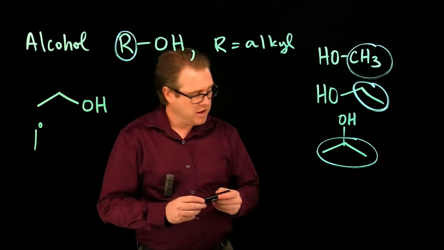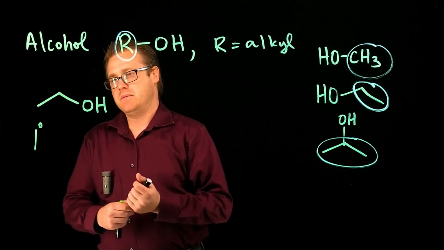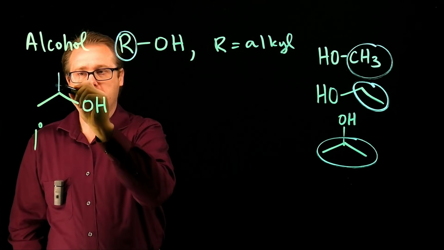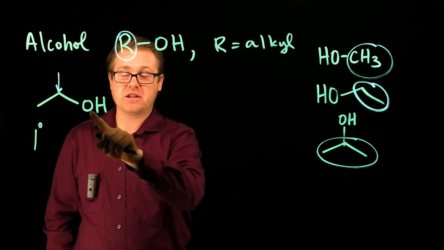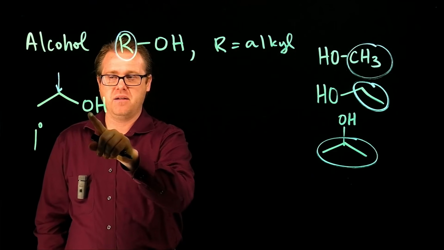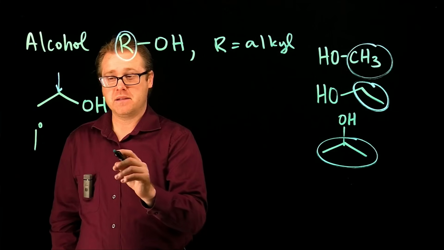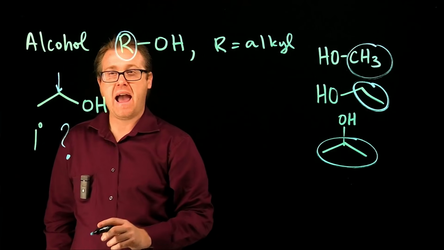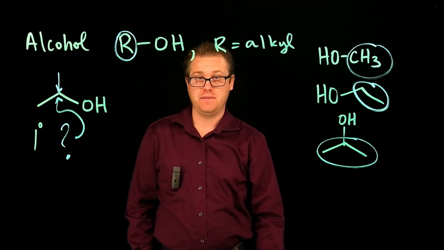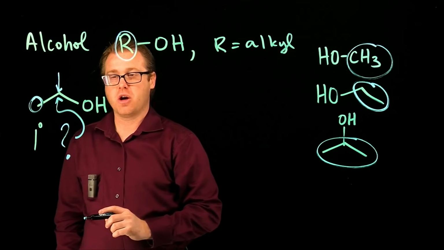And the way that we classify this as a primary alcohol is we look at the carbon that is directly attached to the oxygen. You can see that this carbon here is attached to that oxygen there. And then we ask ourselves, how many carbons are directly attached to that carbon? And we see that there is 1 carbon attached.